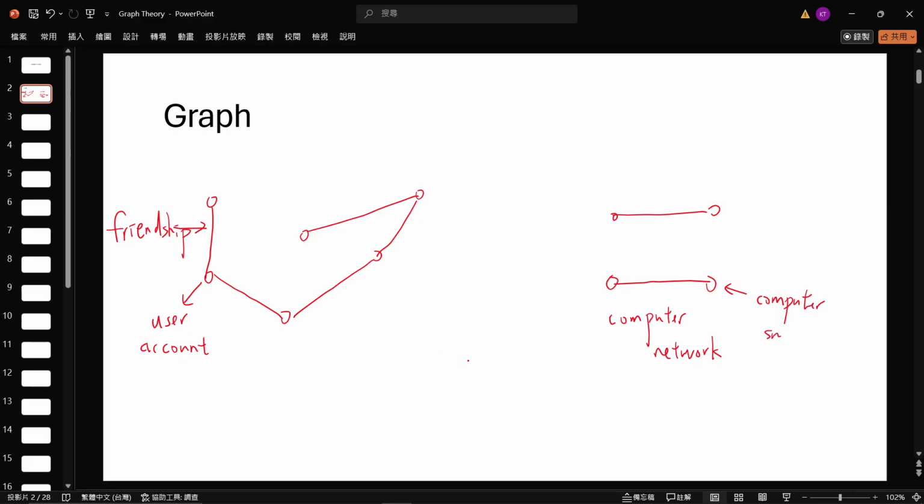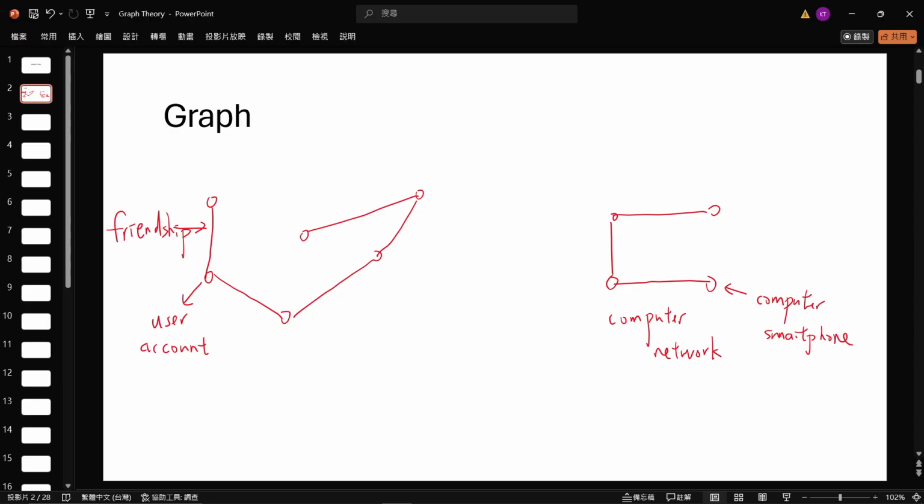And what would the physical meaning be for this link when we discuss computer networks?